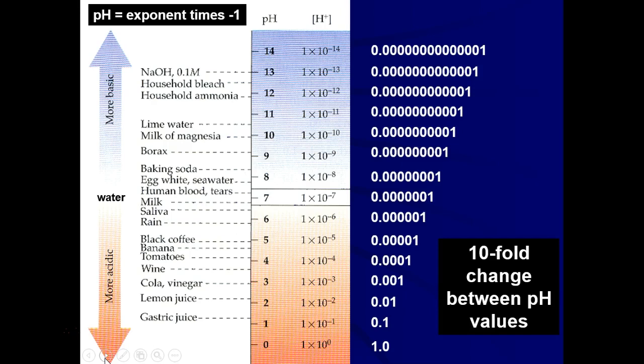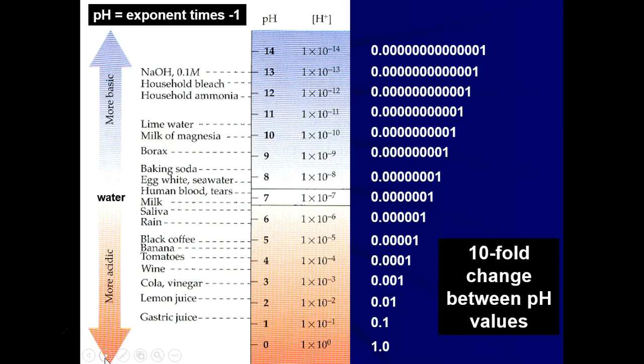Now, it's very easy to switch from one measurement to the next. So, for example, if we say that milk of magnesia has a pH of 10, what would be the hydrogen ion concentration in moles per liter? Well, you just think, if it's 10, then it just has to be 10 to the minus 10. You just flip it back to its exponent.